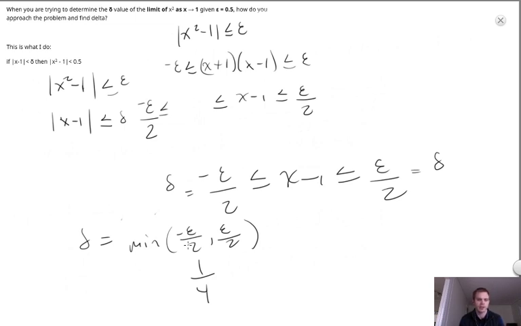This is delta. So x minus 1 implies that, okay, so x should be within delta, which is this.